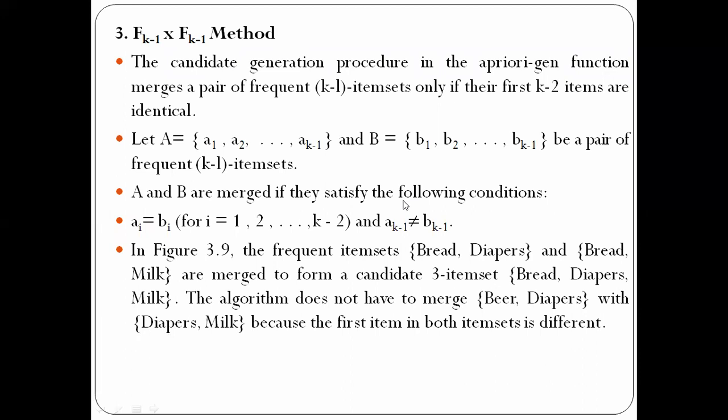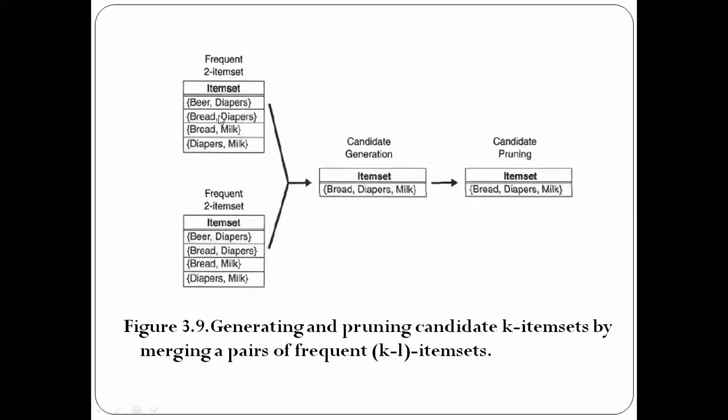For example, see here, we have two frequent 2-item sets. We will be joining these item sets here. Beer, diapers doesn't match with any of these items, because even though the prefix beer and beer is the same, it would form only a candidate 2 item set, but here we want a candidate 3 item set.